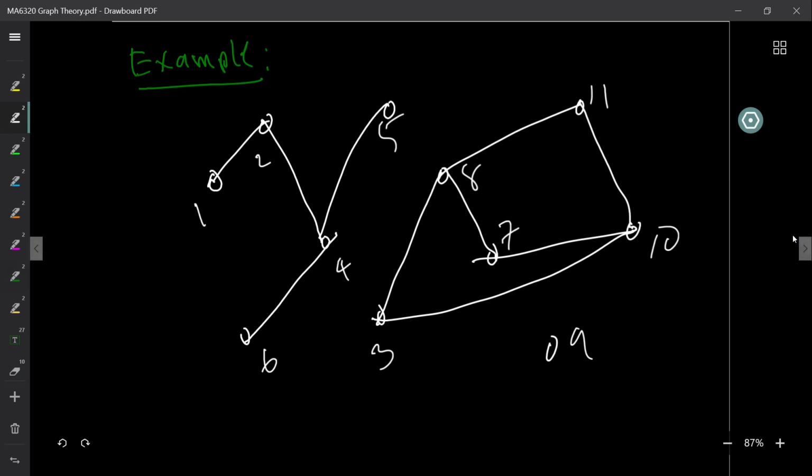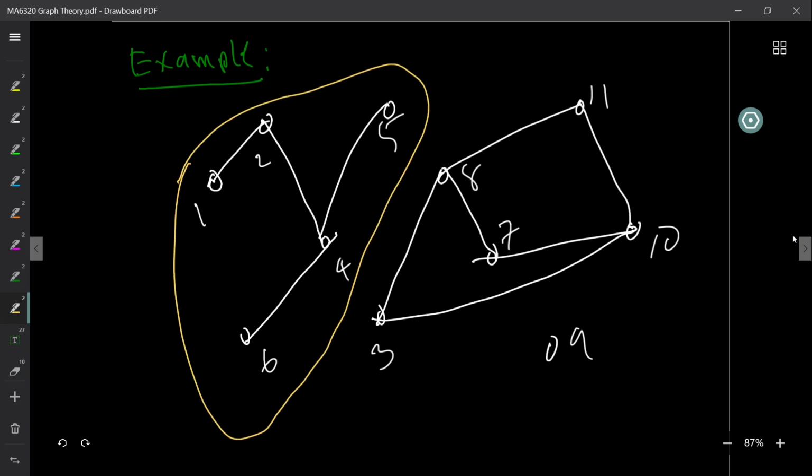For example, if you look at this part, one can verify easily that for any two vertices, there is a walk connecting them. Similarly, if you look at this vertex, that vertex itself is alone. There is no other vertex to which you can find a walk, so that is by itself a component.